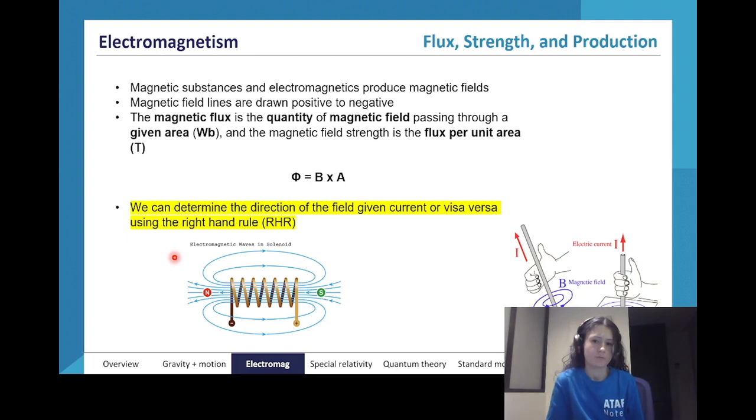Now, getting on to our application of the right-hand rule with solenoids. Remember, a solenoid is a coil of current carrying wire, wrapped with a core in the center.